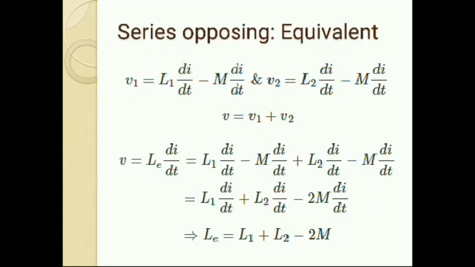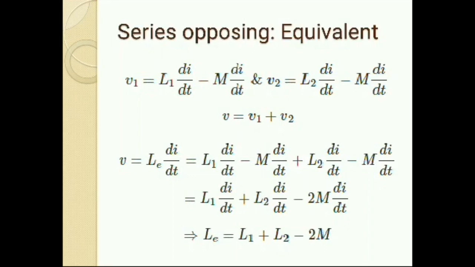The total voltage equals V L1 plus V L2, which is L1 plus L2 minus 2M into di by dt. So V equals L equivalent into di by dt.